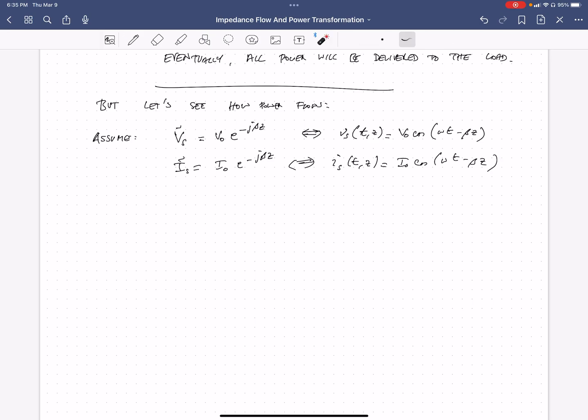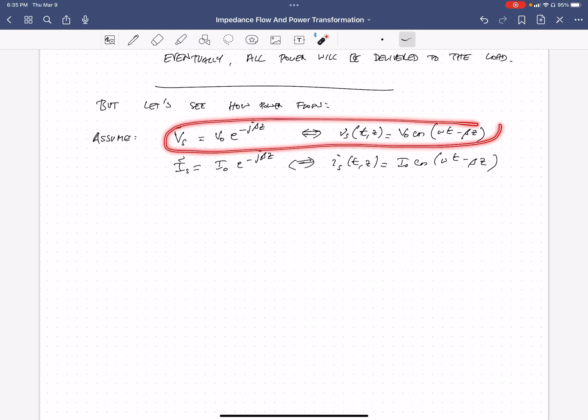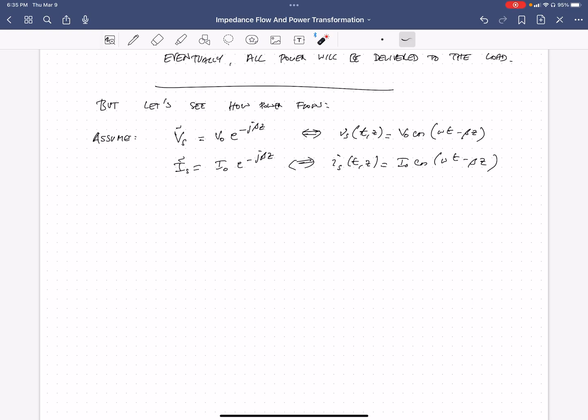If this relationship between the phasors and the actual voltage and current confuses you, go back to our lecture where we talk about the relationship between phasors and the actual voltage in those transformations.